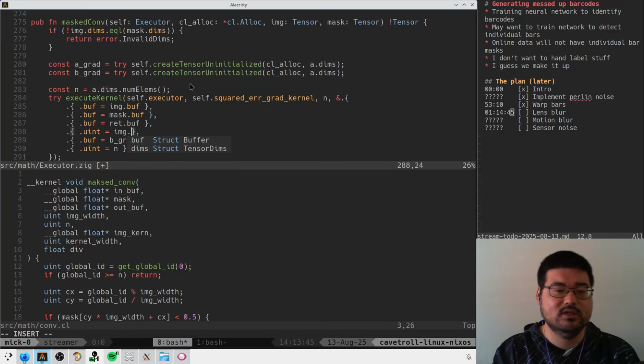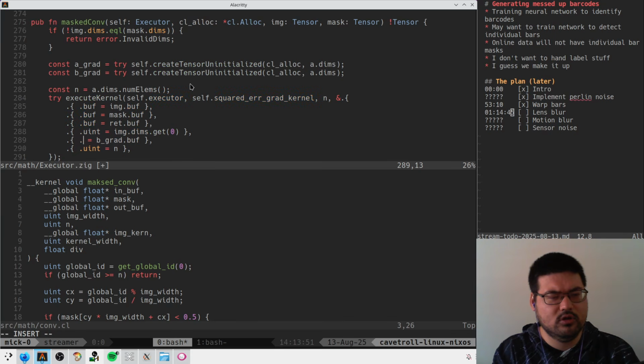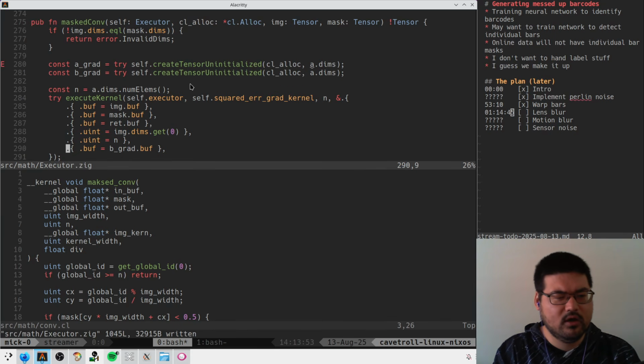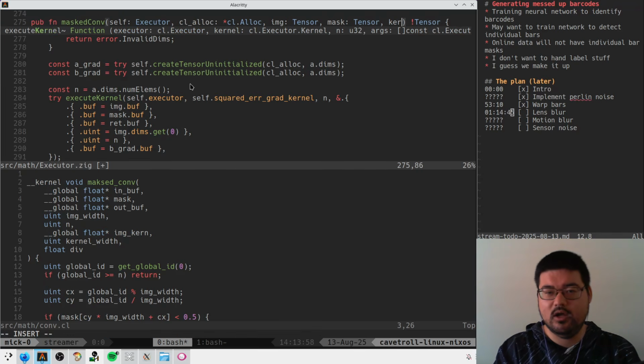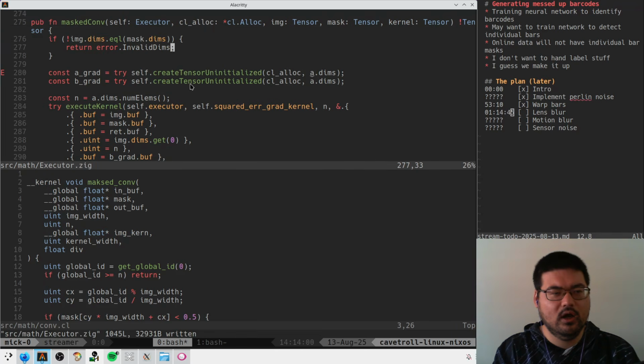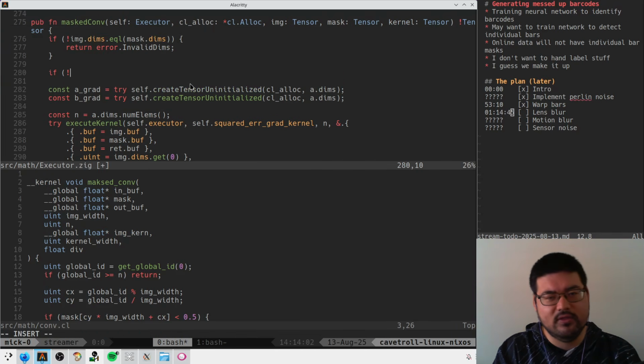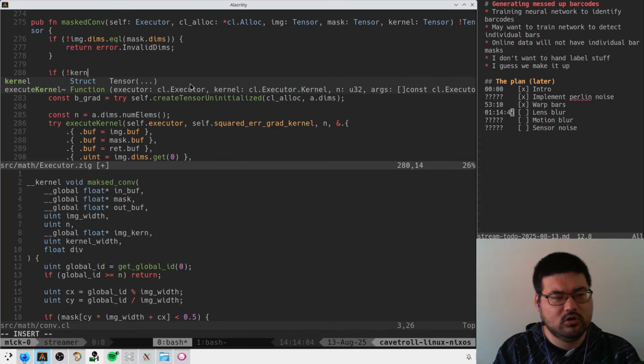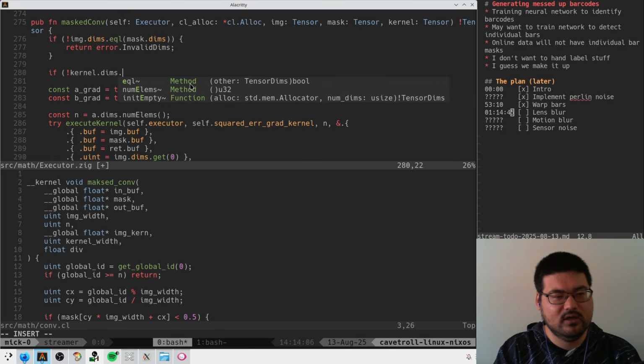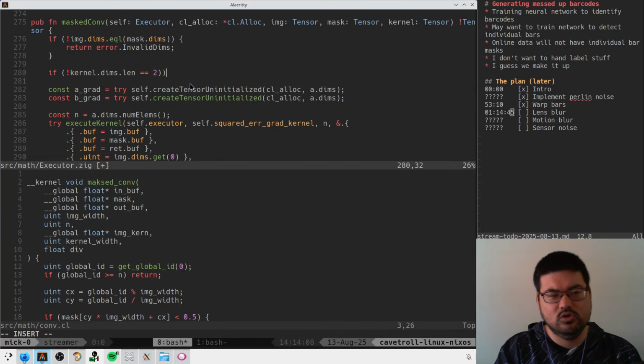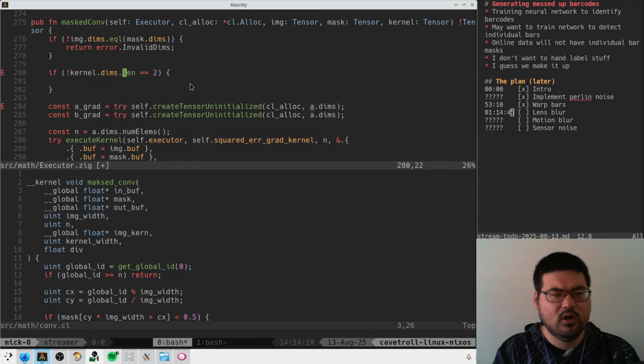So this is image dims get 0. Uint n, okay. We have the kernel, so that has to come in here as well. Let's assert for now that the kernel dims len equals 2.